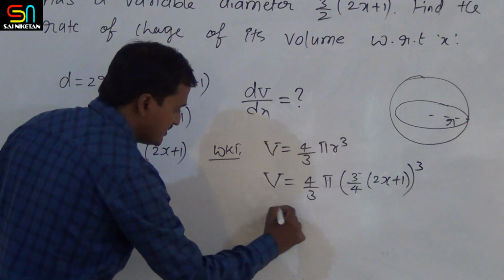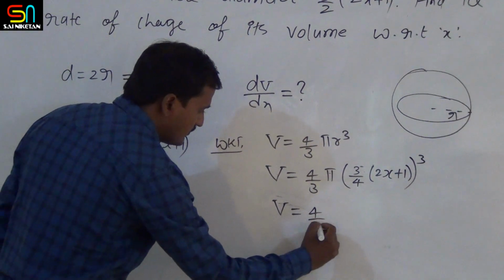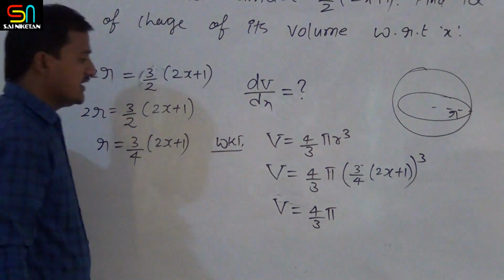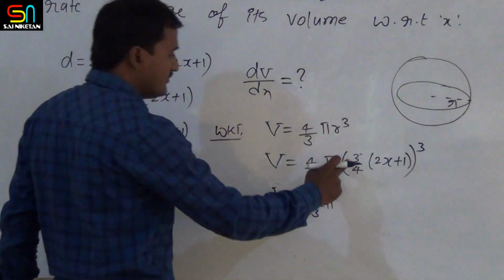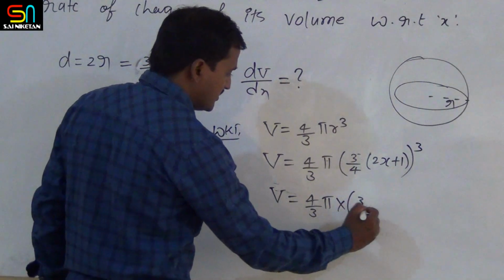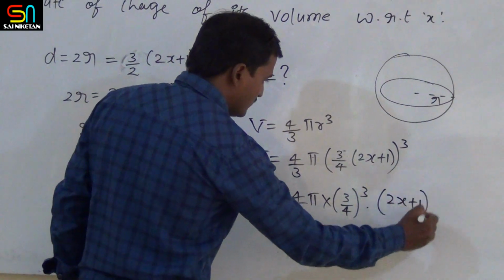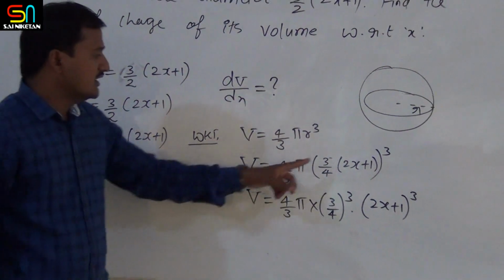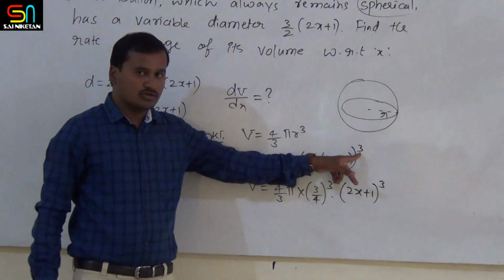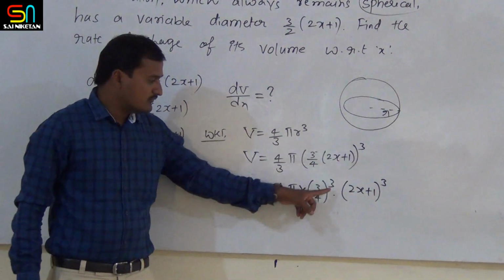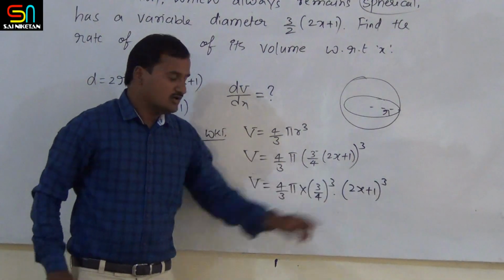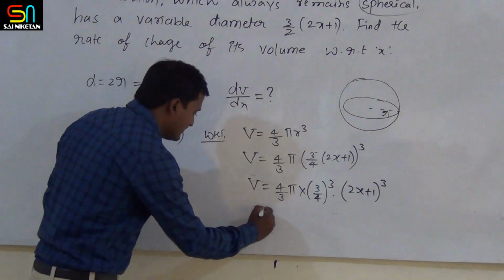Now I will simplify this. V is equal to 4 divided by 3 into pi into 3 divided by 4 whole cube into 2x plus 1 whole cube. Right? So again I will simplify this.